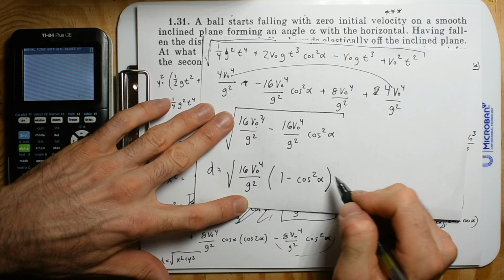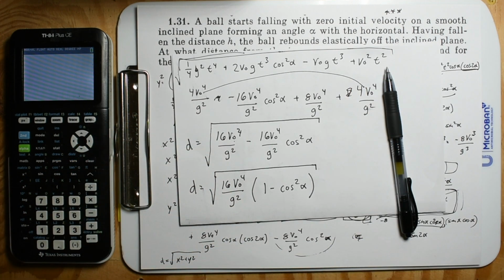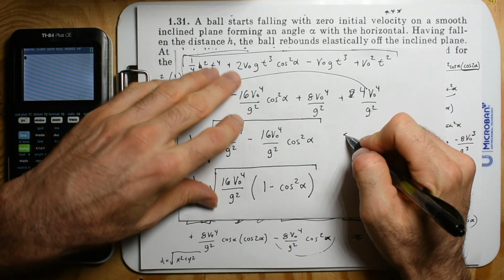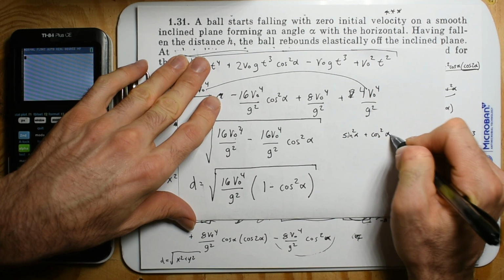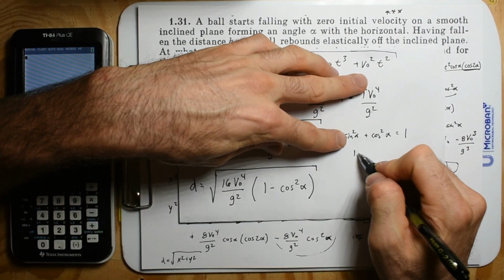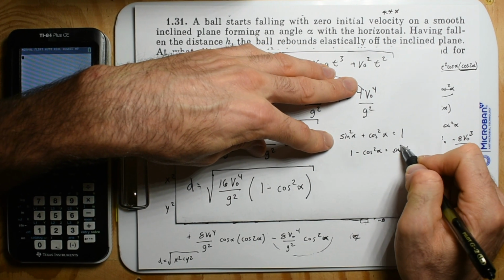Right here, don't forget about the Pythagorean theorem. Sine squared alpha plus cosine squared alpha is equal to 1. And so that means that 1 minus cosine squared alpha is equal to sine squared alpha.